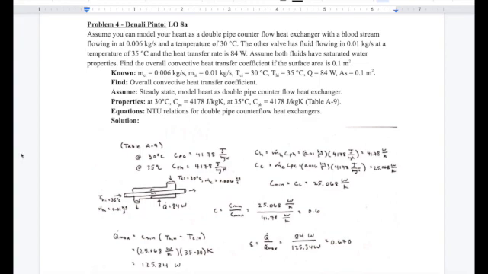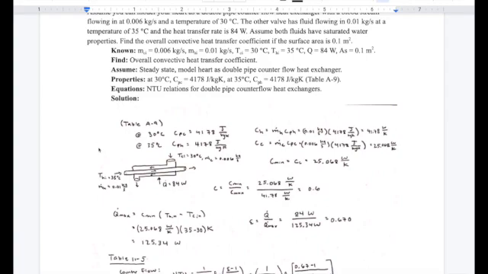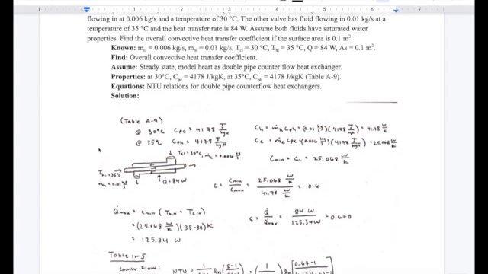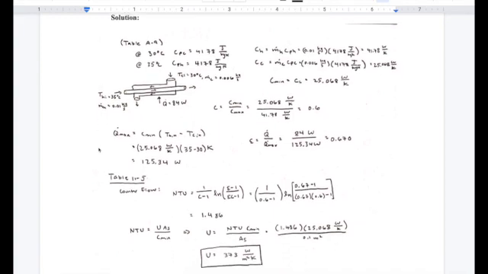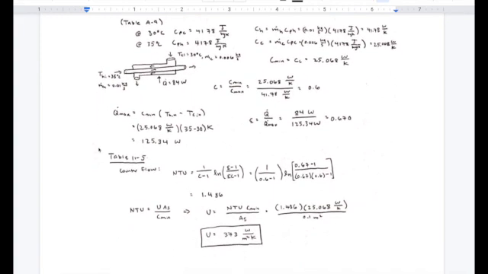From there, the C constant can be calculated. Q max can be calculated with C min and the given inlet temperatures, so the effectiveness can be calculated. Then the NTU equation is used so that the overall heat transfer coefficient is found. Here, U equals 373 watts per meter squared times Kelvin.